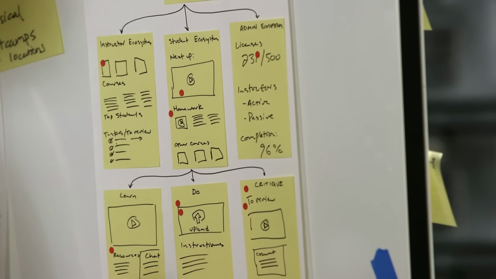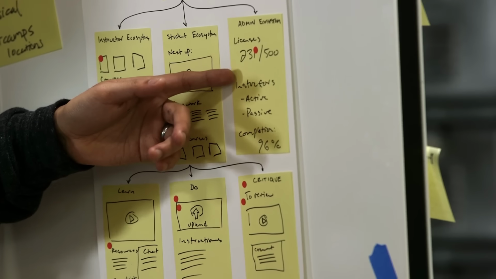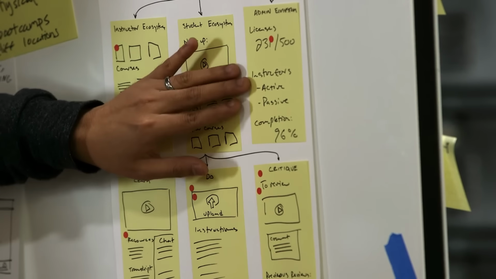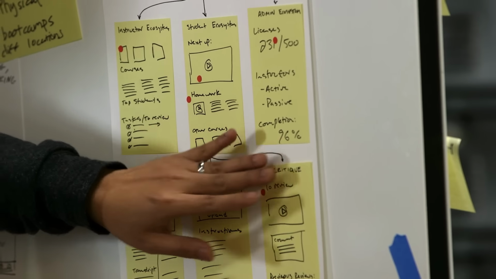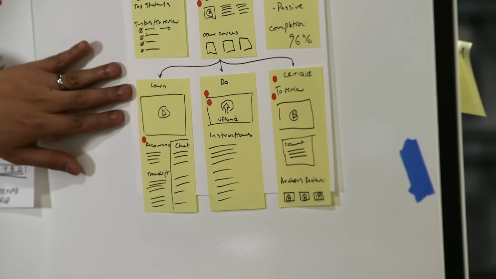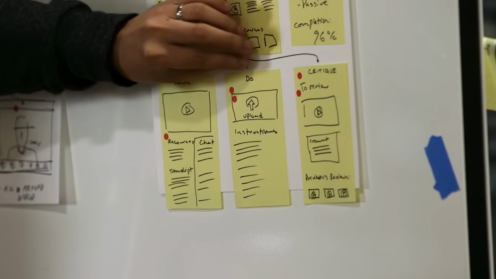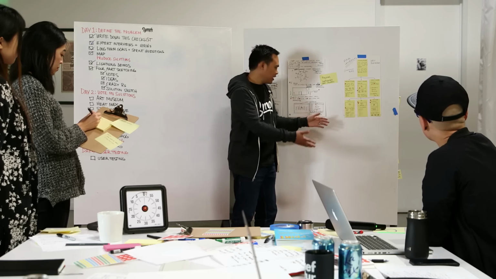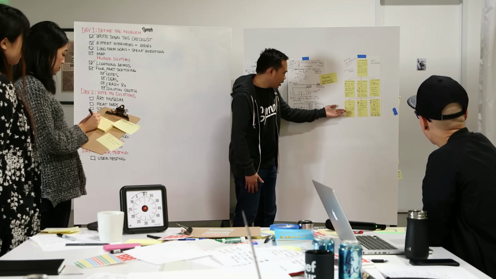And then you have the admin ecosystem, which shows the number of licenses you have, the instructors that you have, and the completion rate of, I guess, your students. The student ecosystem splits up into learn, do, and critique. So again, this is learn, do, critique. You have the video where you learn, you watch.